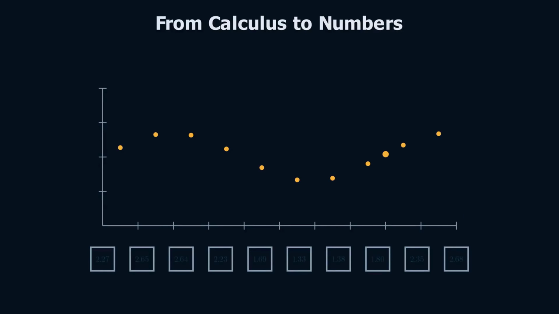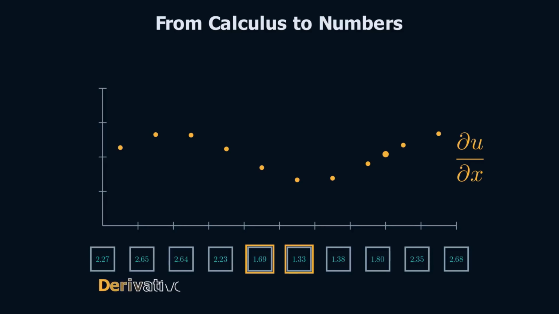Instead of storing a curve, the solver stores numbers. Now compare 2 neighboring cells. Their difference tells us how rapidly the flow changes between those 2 locations. In calculus, we call this idea a derivative. Every numerical method begins with this simple idea.